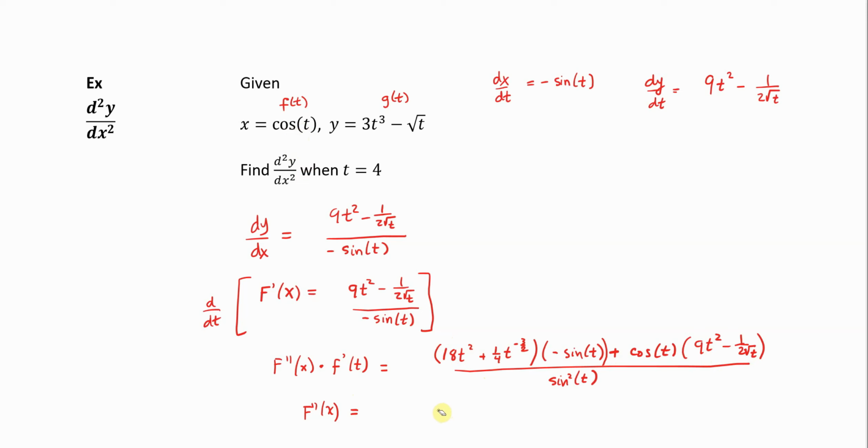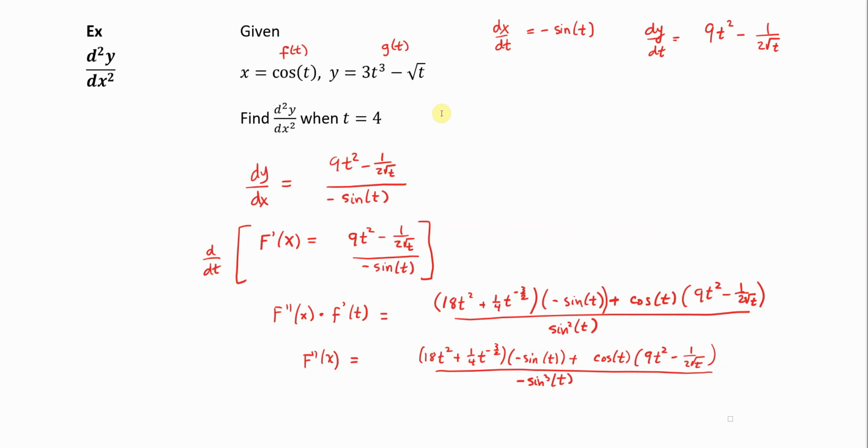So I'm going to write this whole thing here one more time: 18t squared plus 1/4 t to the negative 3/2 times the negative sine of t plus the cosine of t times 9t squared minus 1 over 2 root t. All of this over sine squared and then divided by negative sine squared. So negative sine cubed t.